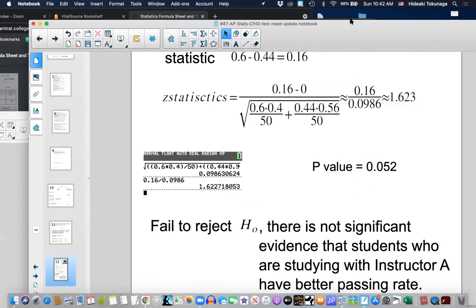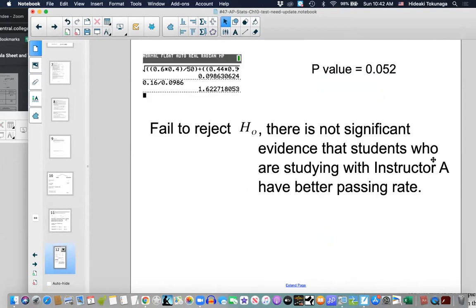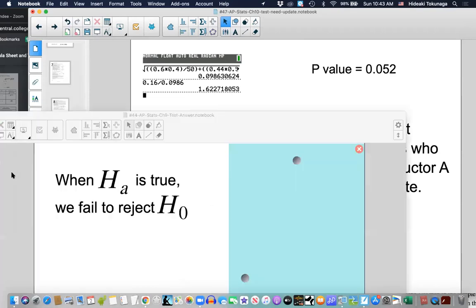So even though studying with instructor A has a better passing rate, we failed to reject the null hypothesis. We couldn't honor the alternative hypothesis. That's a type 2 error.